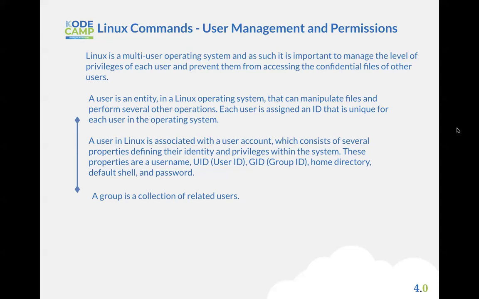Handling different users together, you need to create a group of users and manage their access together. So user management, group management, assigning permissions to them, handling the security, confidentiality, and integrity of their data, are all processes and activities under user management and group management.